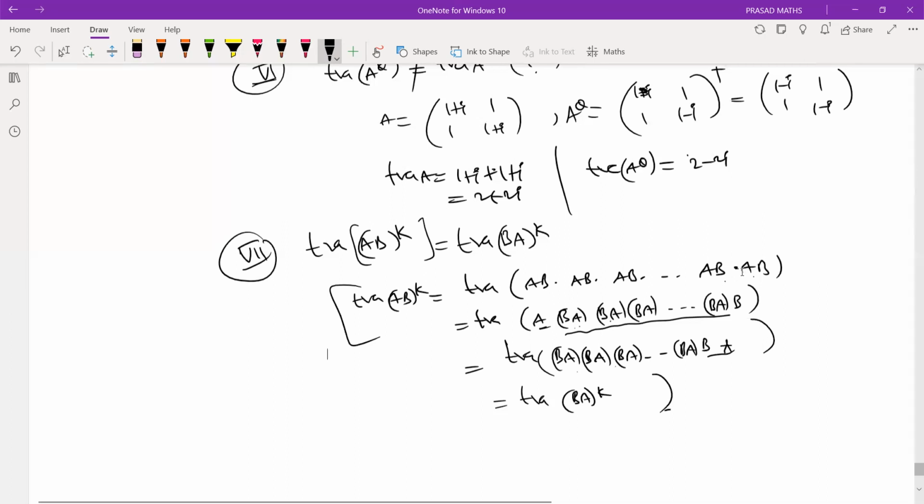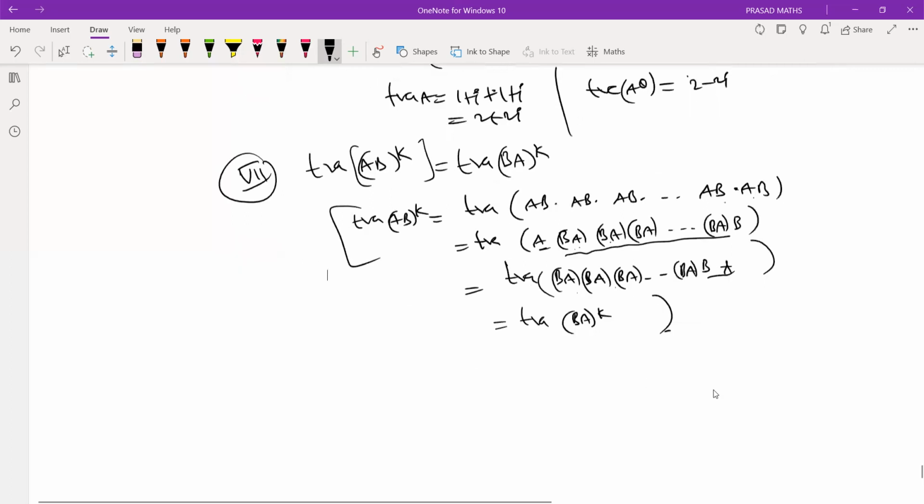Next, we take trace of AB minus BA into AB plus BA.